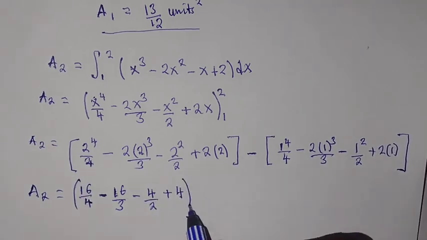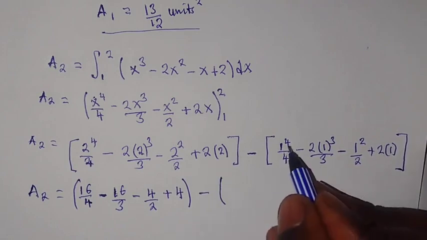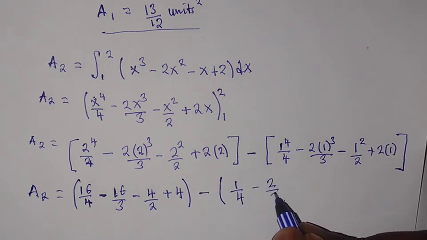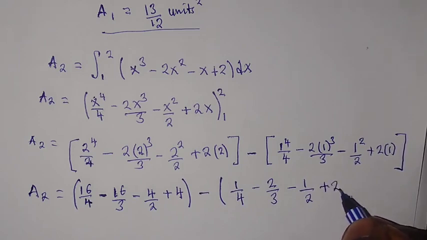So this is what we have. Then minus we can come to this one, 1 power 4, this is 1 over 4 minus 2 over 3 minus 1 over 2 plus 2.